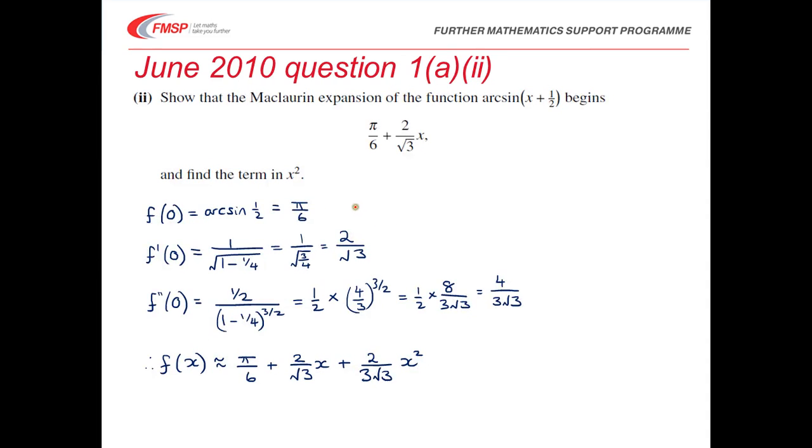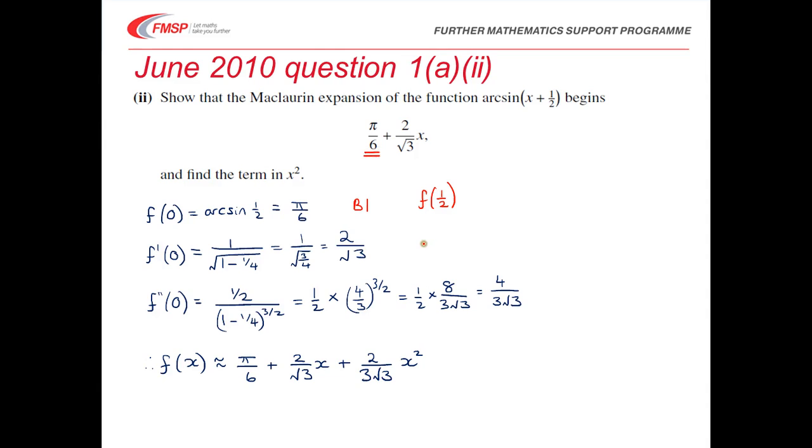For part 2, there's a single mark for getting pi over 6. It does need to be clearly from f of a half. There needs to be a clear substitution there, otherwise you're not really showing that the first term there is pi over 6.